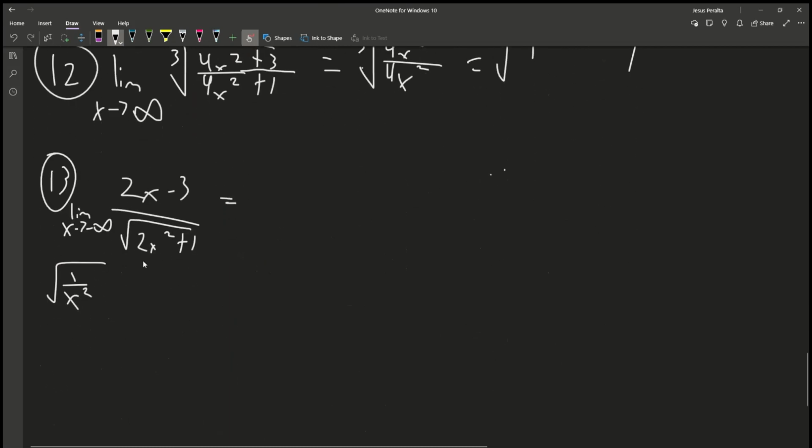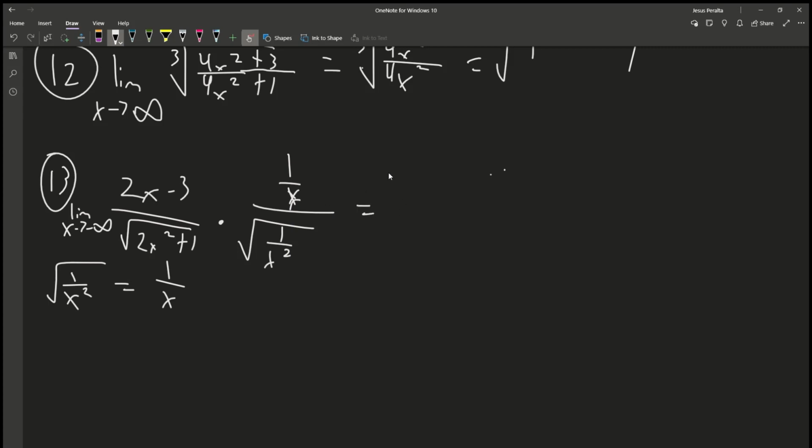So this turns into 1 over x. So then we are going to delete this. Then multiply by square root of 1 over x squared over 1 over x. Yeah, it's the same thing.